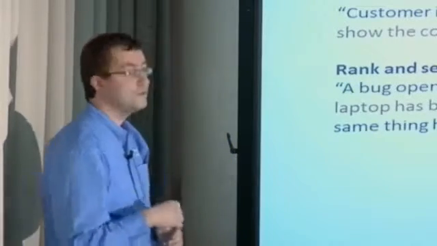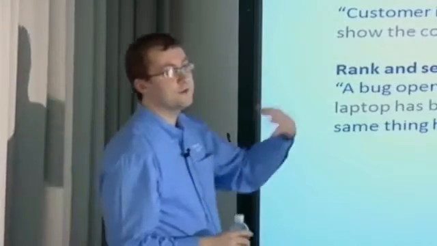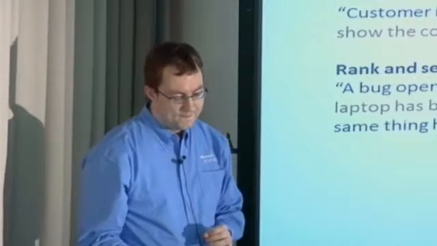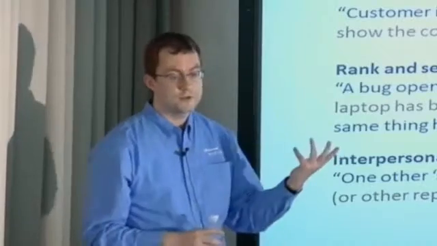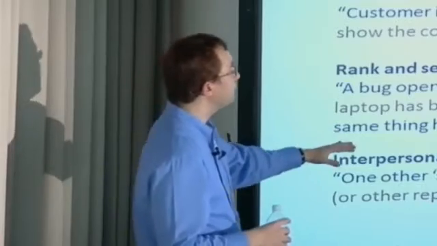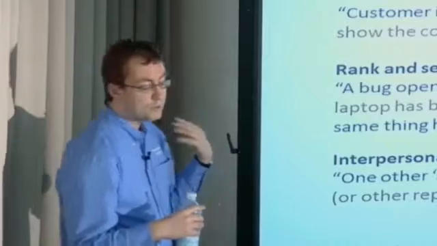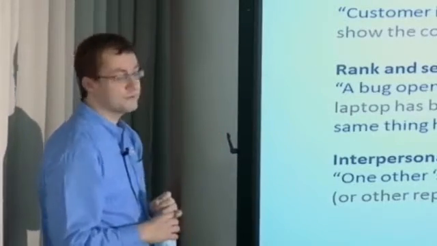Also, how senior or how high up the bug opener is. Think of a vice president who submits a bug report compared to an intern who submits a bug report. That has some influence. And also interpersonal skills. Remember I told you bug fixing is a highly social process. Sometimes people need to argue for a bug report. They need to convince the person in charge of fixing the bug why this bug should be fixed.